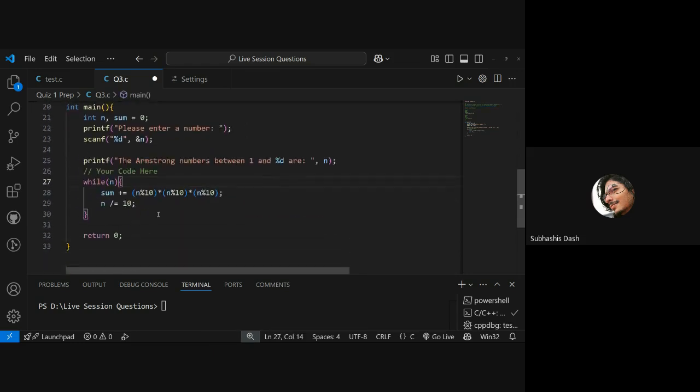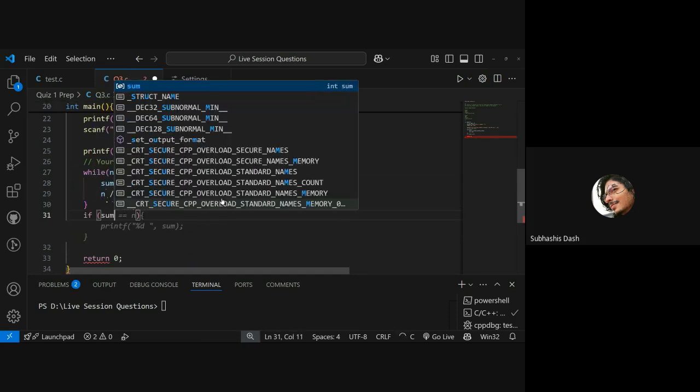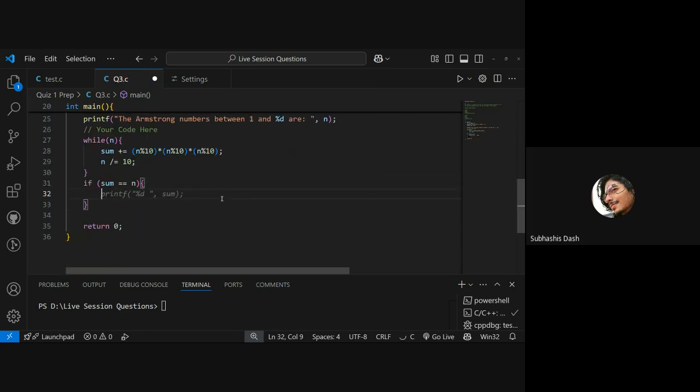So now what we have to check is, if the sum equals n, we'll just print the sum, right? So essentially we are checking if the number that is given is an Armstrong number.